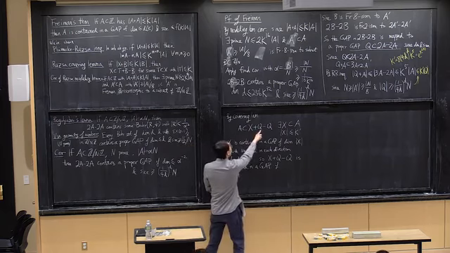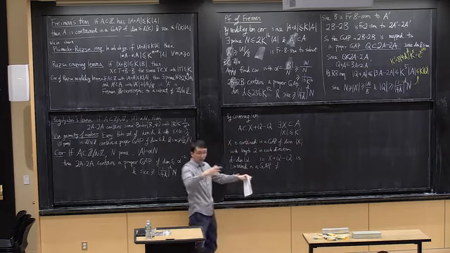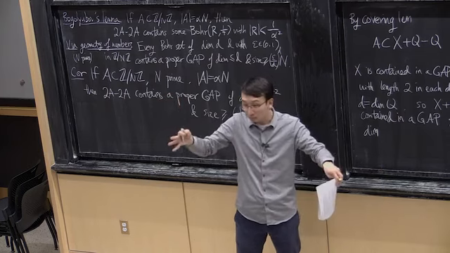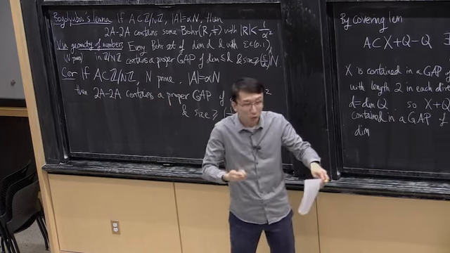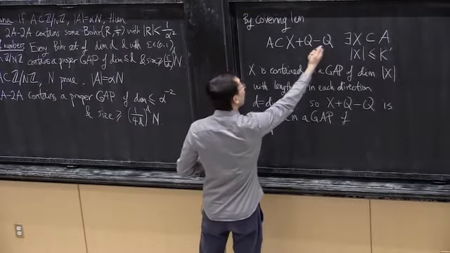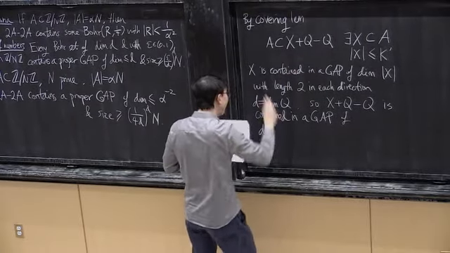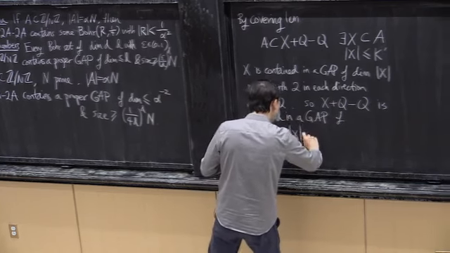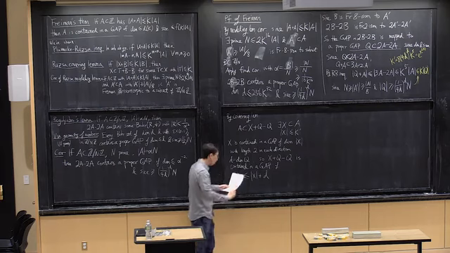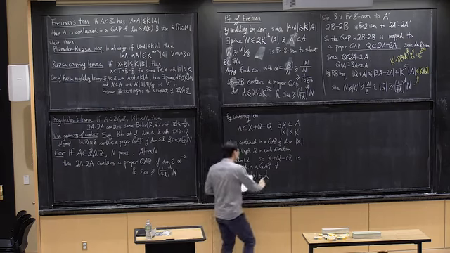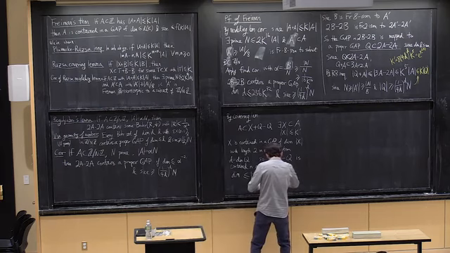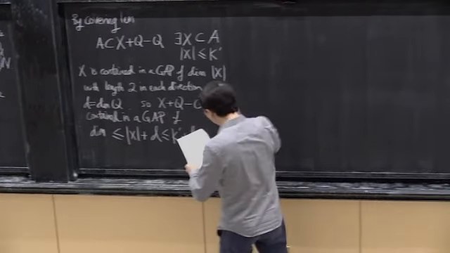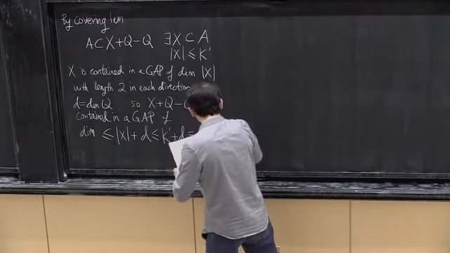When I do Q minus Q, it's like taking a box and doubling its length. I'm not changing the number of dimensions. So the dimension of Q minus Q is still d. The dimension of x is at most the size of x. All of these things are constants. So we're happy. But to spell it out, the constant here is, well, K prime is what we wrote up there.